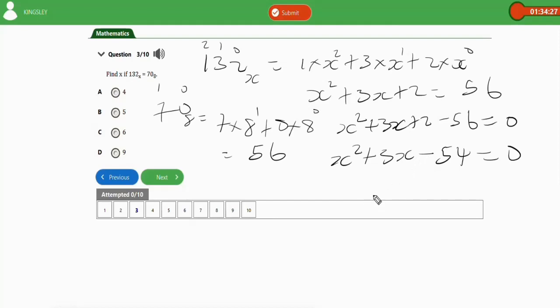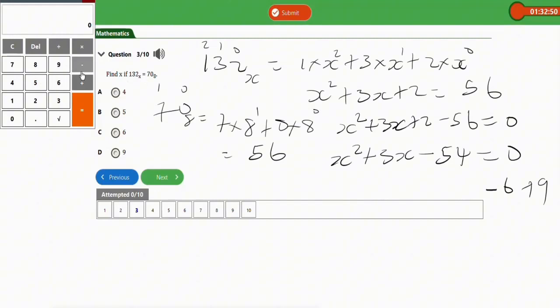Now, to find the factors of this quadratic expression, the easy way I do it is that you find two numbers that when you multiply them, you get minus 54, and when you add them, you get plus 3. So let's experiment with minus 6 and plus 9. Let's check.